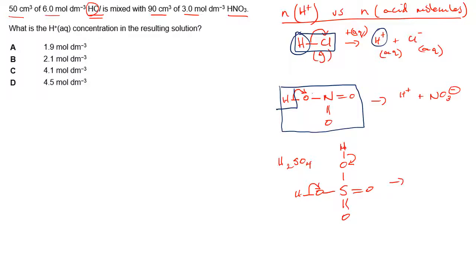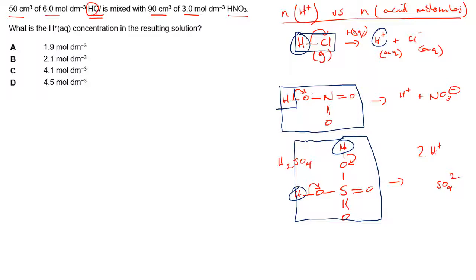And so this is what you get. You get 2 hydrogen ions, and you get a sulfate ion, like so. Right, so in this case, for every one sulfuric acid molecule, we have 2 hydrogen ions.